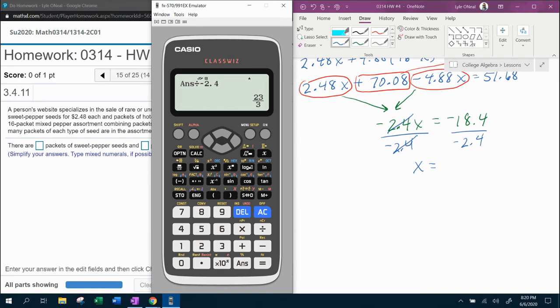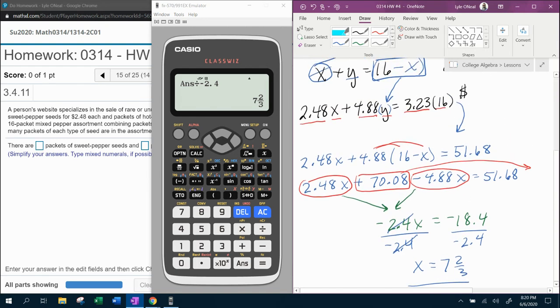Whoops, that did not come out an even number. Let's see here. 7 2/3. You can't have 7 2/3 packets. That's not possible.